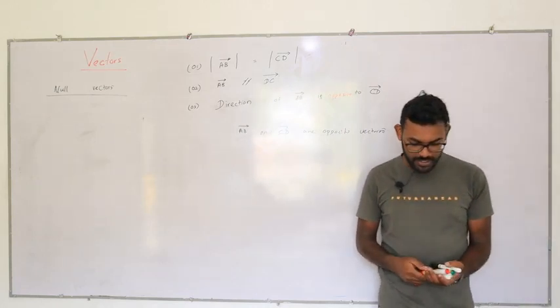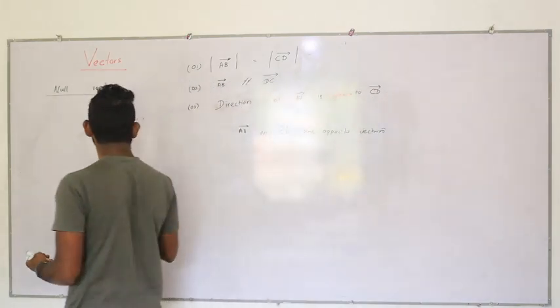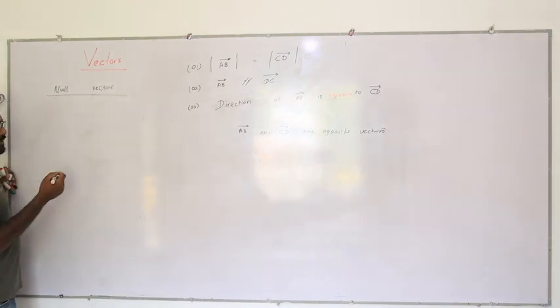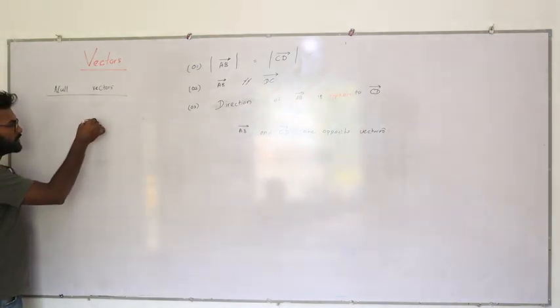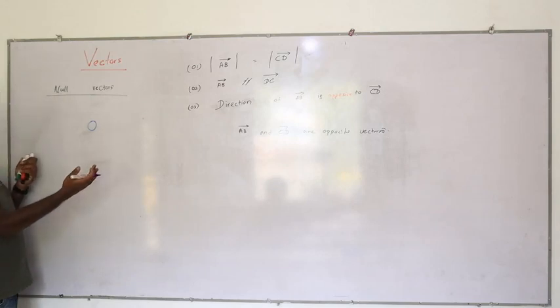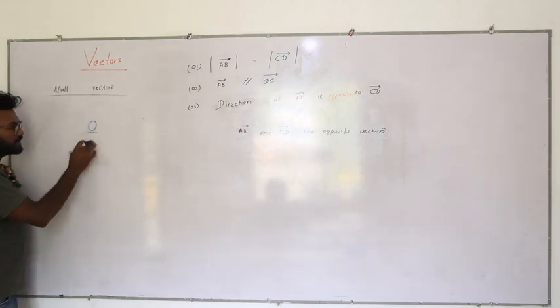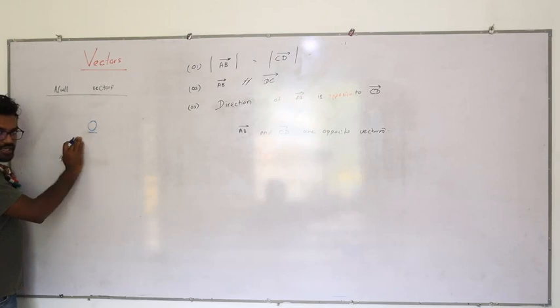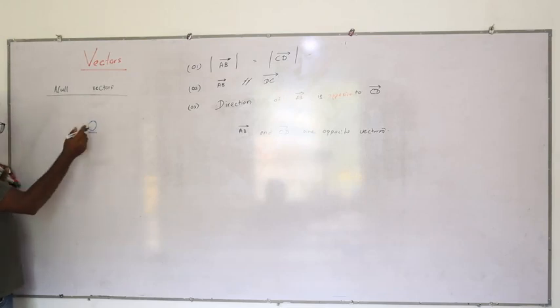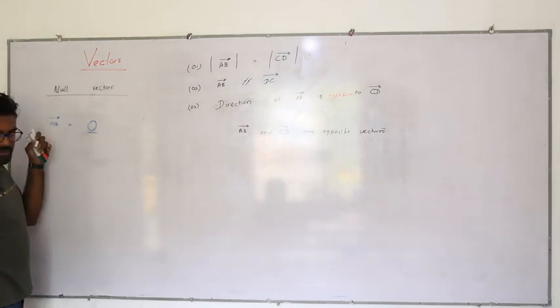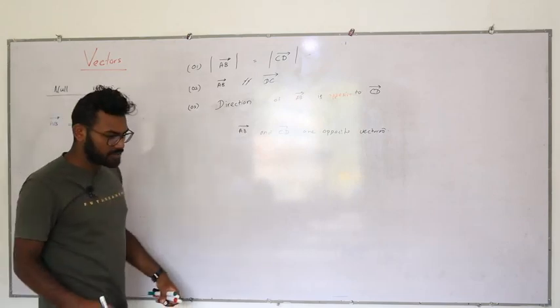It is represented as, if you just write the zero, it will be magnitude wise just a zero, right? When you need to represent that to be a vector, it will be like this. Normally we represent a vector by drawing a line underneath, no? If it is the AB vector and it's a null vector, which means 0, you put a line at the bottom. Okay, so we write.